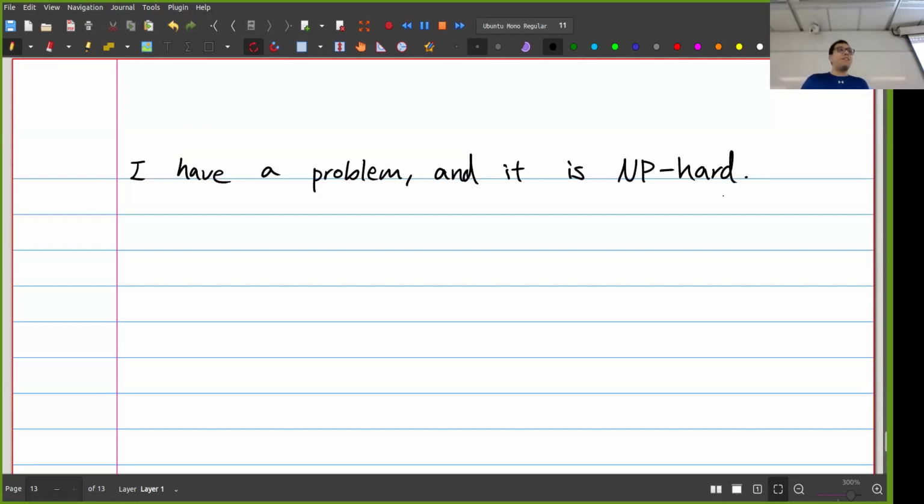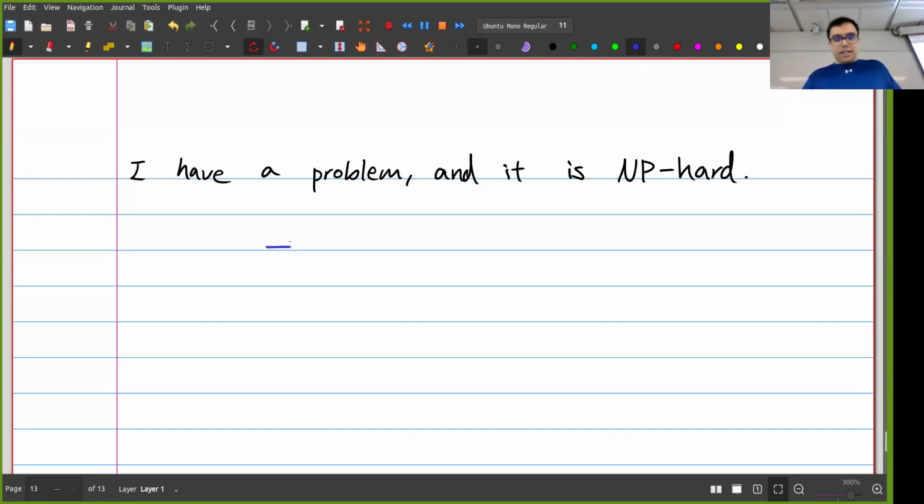Because actually, a lot of the real-world problems that you will face are NP-hard. So the question is, what do we do when a problem is NP-hard? Well, there are several ways to attack it. We know that we cannot find polynomial time solutions, but maybe for that particular use case, it's fine if you have an exponential time solution or a solution that takes more than polynomial time.